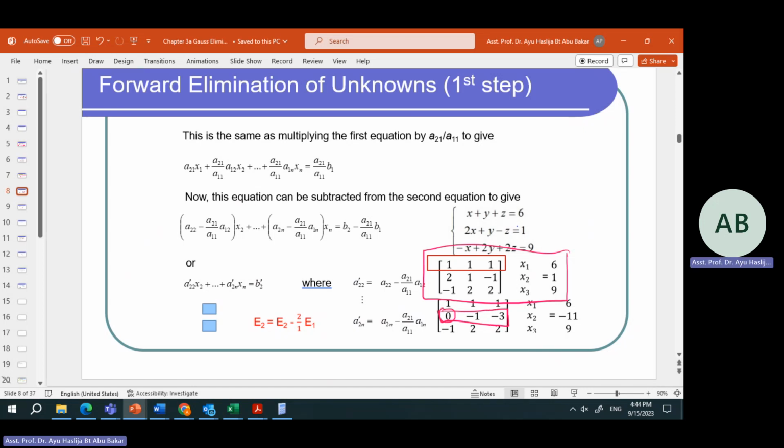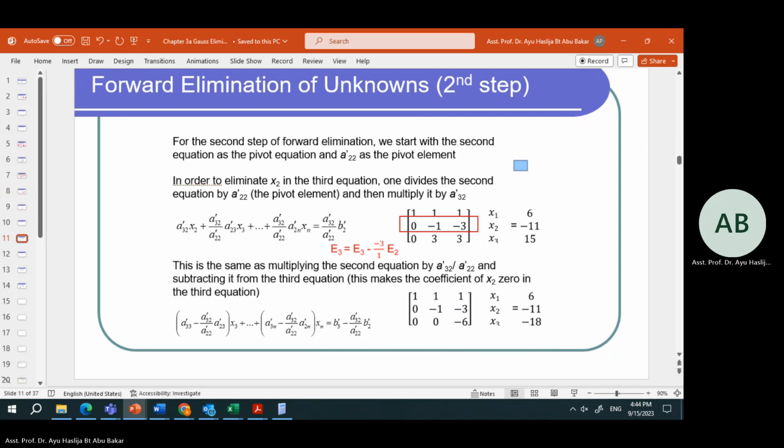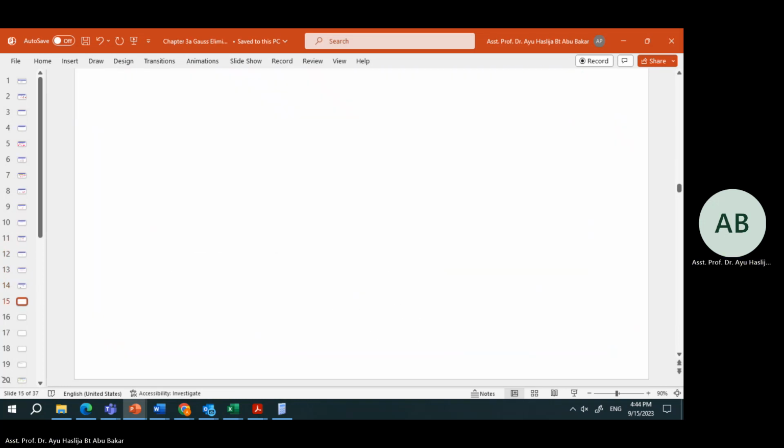Now you listen first. Just capture the term, the factor. So each row will have their own factor in order to zero the thing. Okay, straight away to the example so that you understand further.